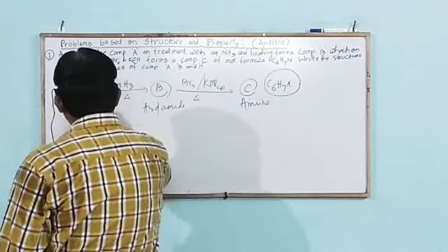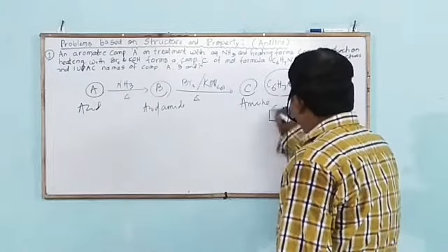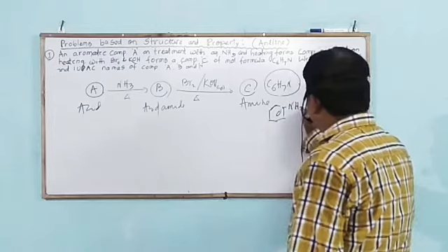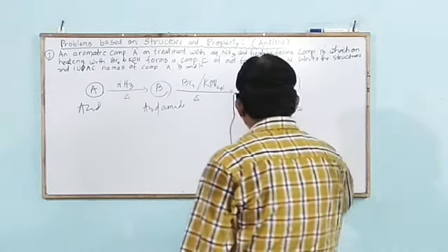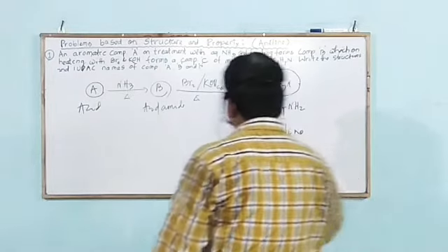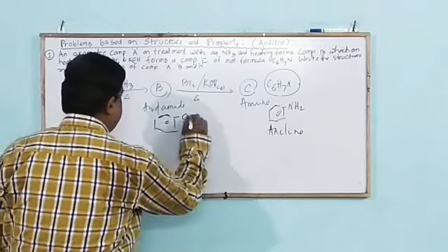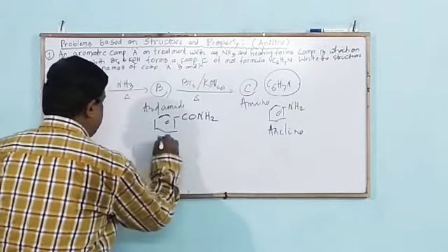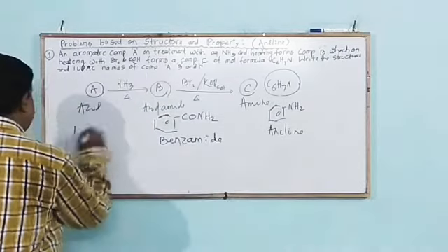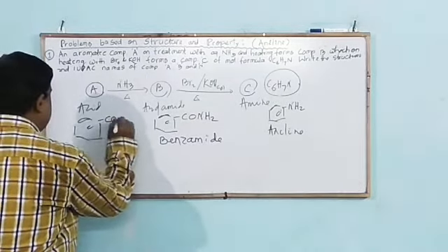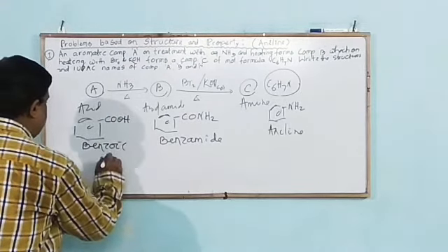So from this formula, it is clear that it is aniline, C6H5NH2. If it is aniline, the corresponding acid amide is benzamide, C6H5CONH2, and the corresponding acid is C6H5COOH, benzoic acid.